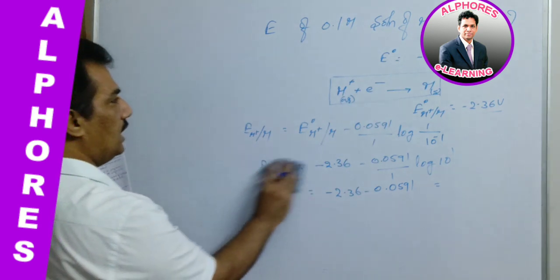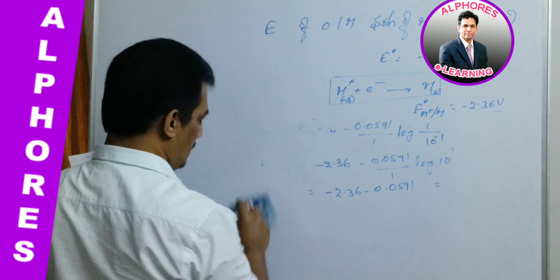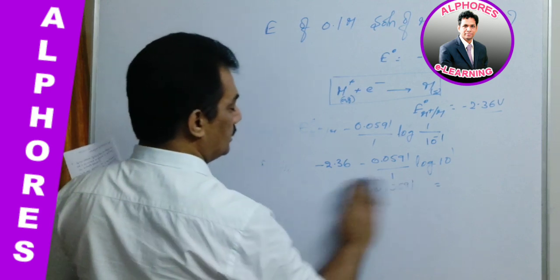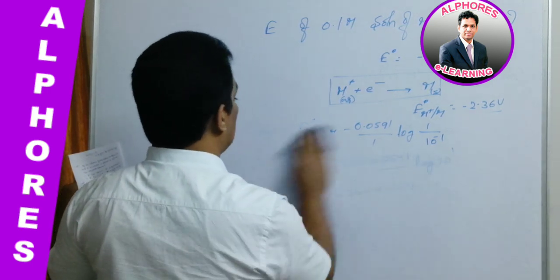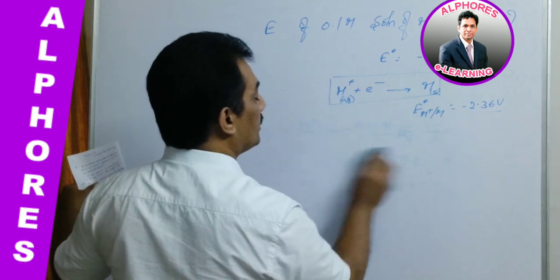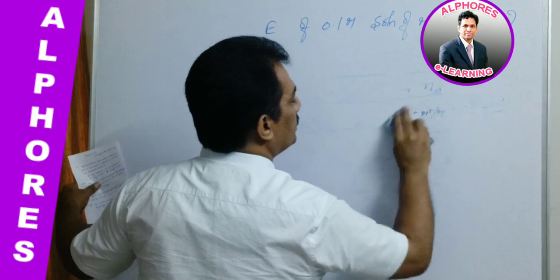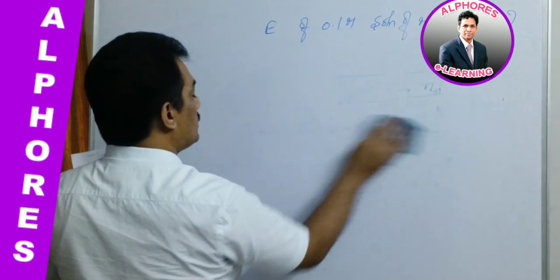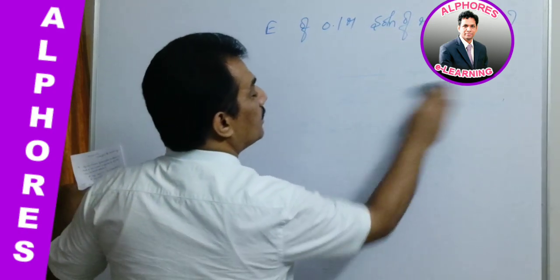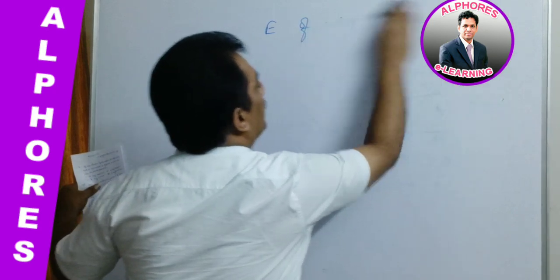And one more model of the same, that is single electrode potential. How to measure? It is not given the concentration. Instead of that, they are providing the data in a different manner. Let me read out that question and try to solve immediately. And here is the question.